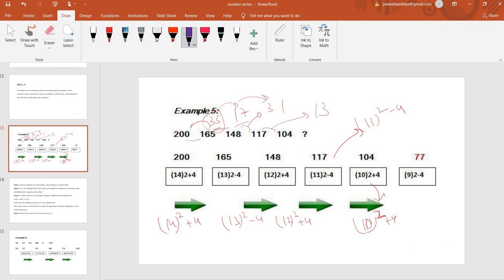So here it is. See, 14 square is 196, plus 4 is equal to 200. Then 169 minus 4 is equal to 165. Again, 144 plus 4 is equal to 148. So like that it is coming. You have to find this pattern.